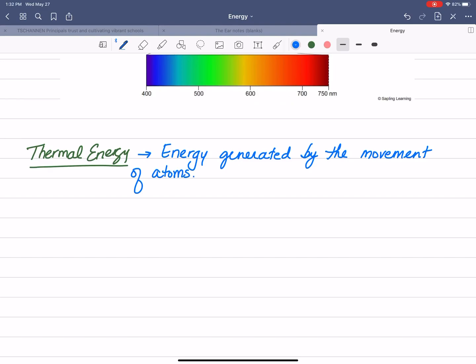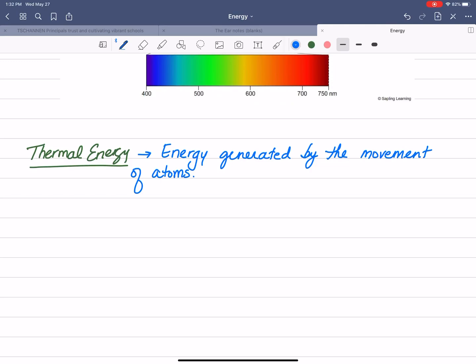The friction of atoms with one another will generate heat. Lots of friction means lots of heat. So you will find that, for example, in the middle of the earth, in the crust, where you have the molten lava, a great amount of energy generated by those atoms results in a great amount of thermal energy.